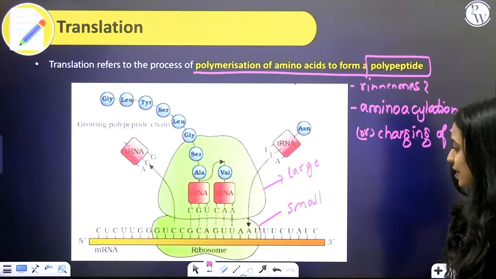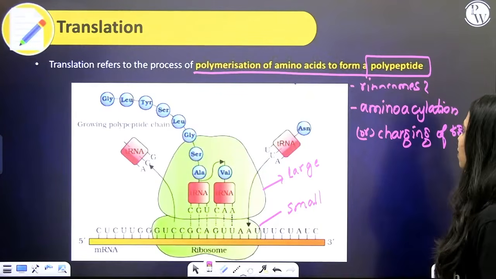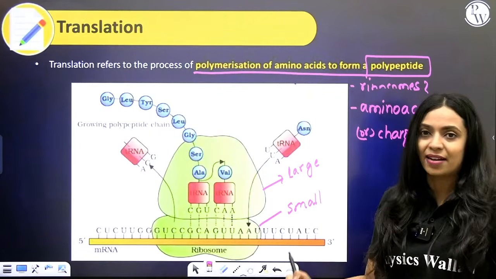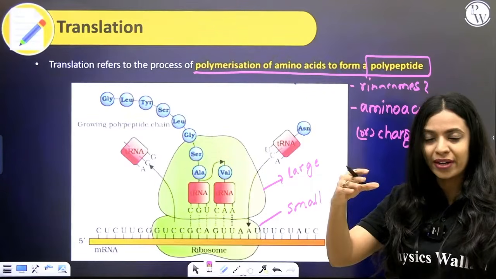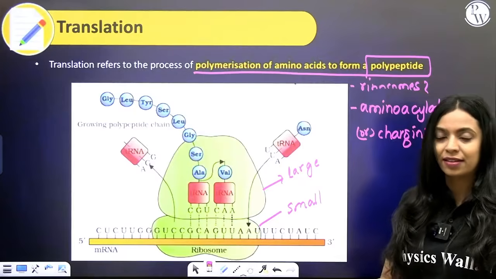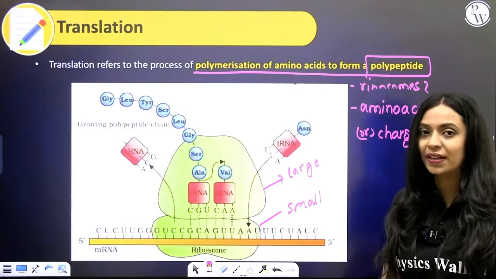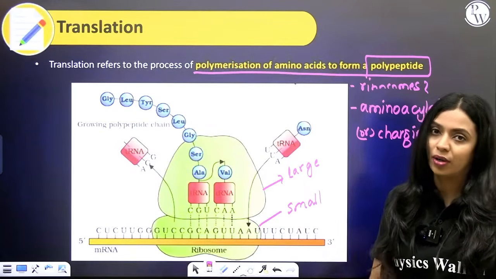Then what happens is the initiator tRNA that carries UAC as the anticodon on one end and methionine on the other end will go and bind to the initiator codon.